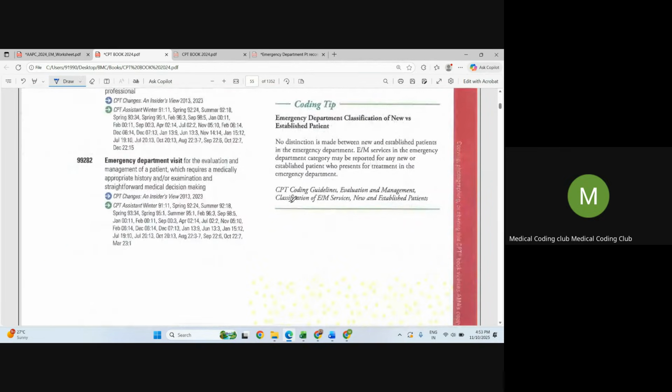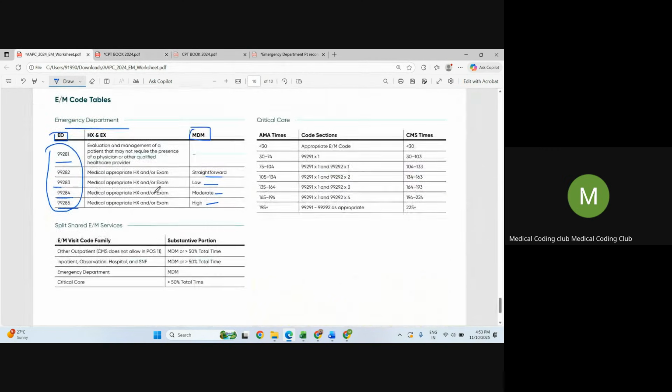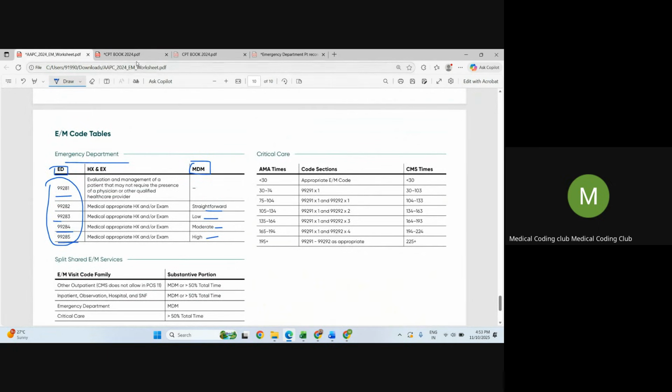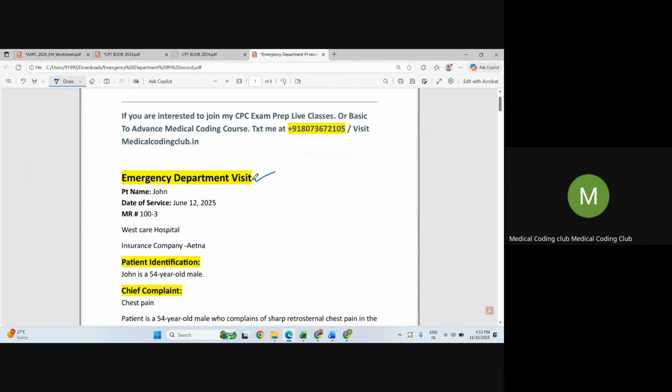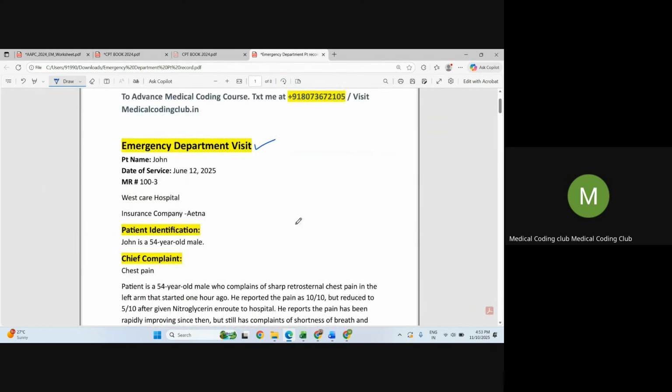So now, after the codes, we will get into the medical record and then assign the particular codes. Just a minute.